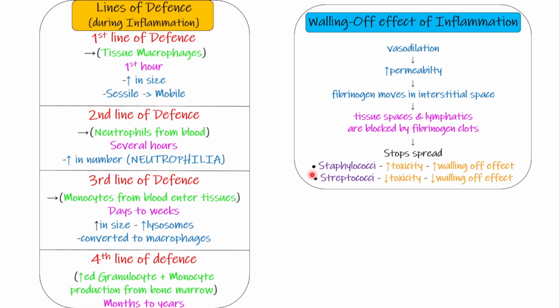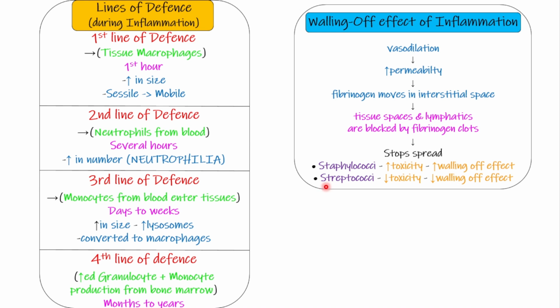So now the interesting point is, out of the staphylococci, which is more toxic, and streptococci, which is less toxic, which one has more chances to spread in the body? Obviously the one which has decreased walling off effect. The streptococci, which is said to be less toxic, having decreased walling off effect, is easier to spread in the body.